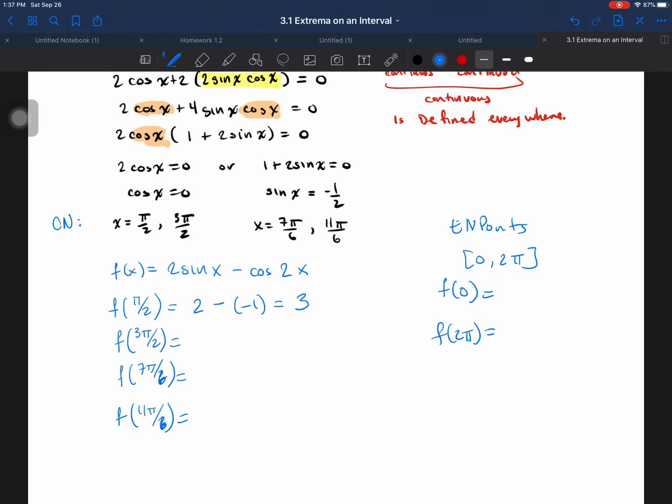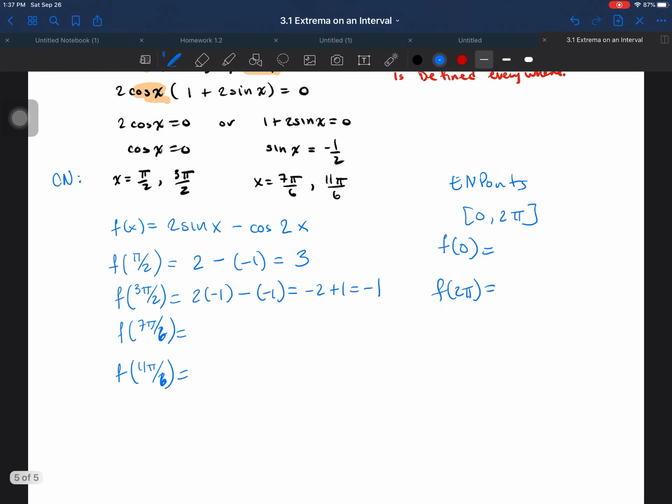Next one, we have sine of 3 pi over 2. And that's going to be negative 1. Minus, and then 3 pi over 2 times 2. That will give you 3 pi. And that will give you a full rotation and a half, so that will be negative 1. And so this will be negative 2 minus negative 1, which is negative 2 plus 1, which is negative 1.